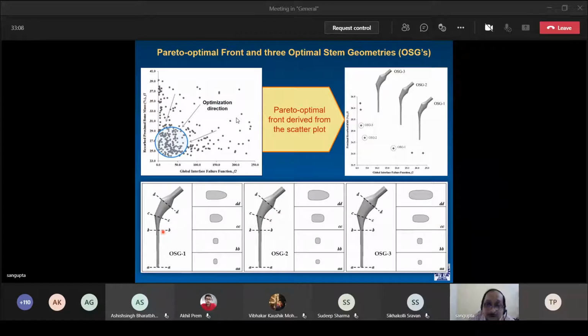So we can find the justification through this analysis that there is actually no need of AA to BB. That means we don't need this long stem. This distal part of the stem is not contributing too much towards either failure or, say, durability of the prosthesis.